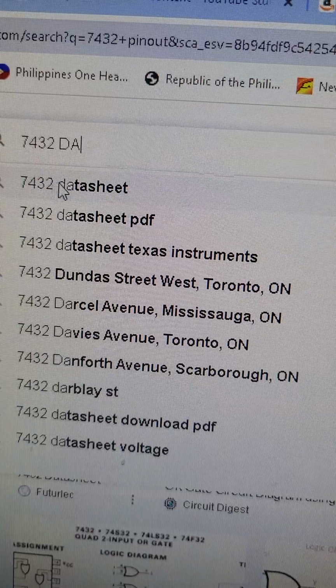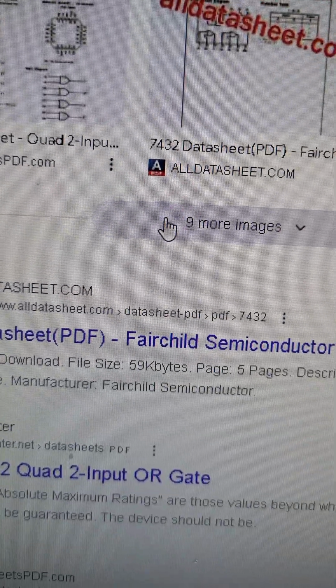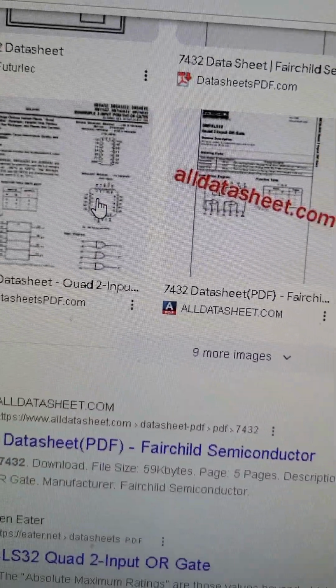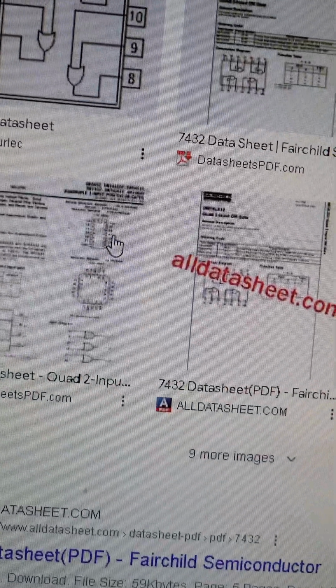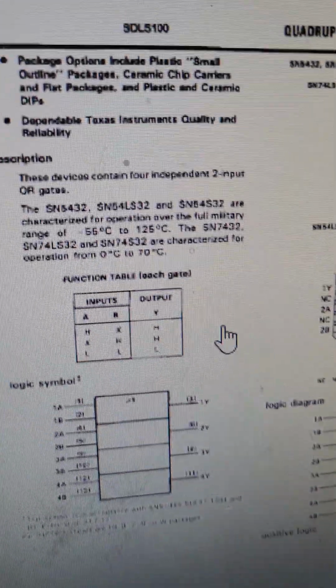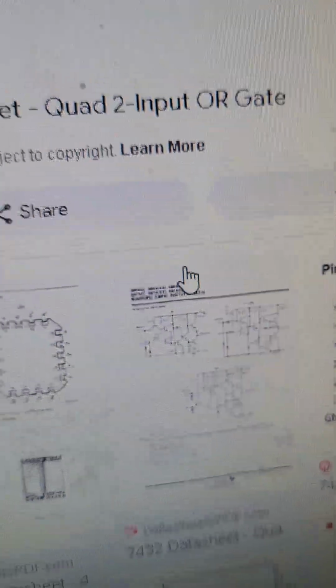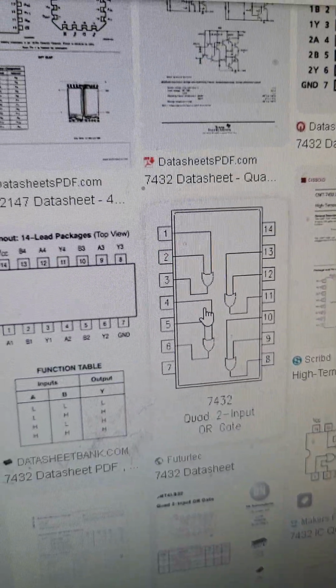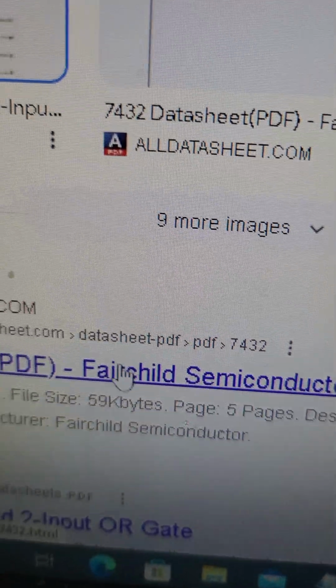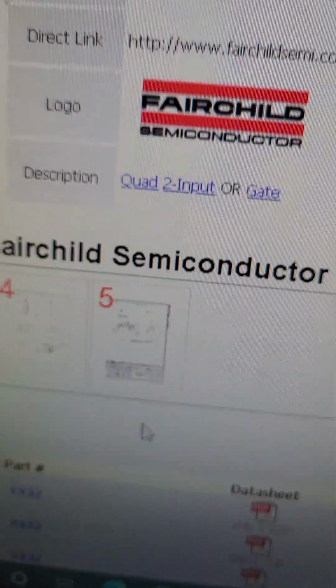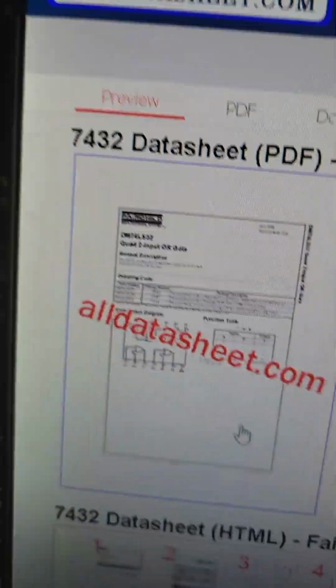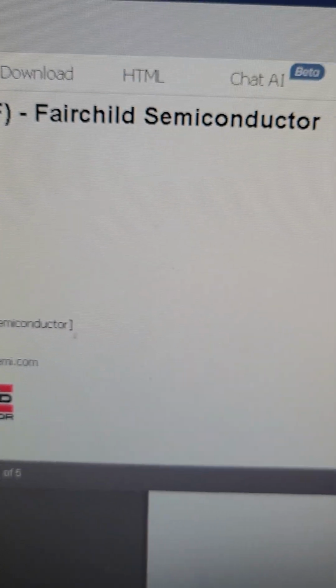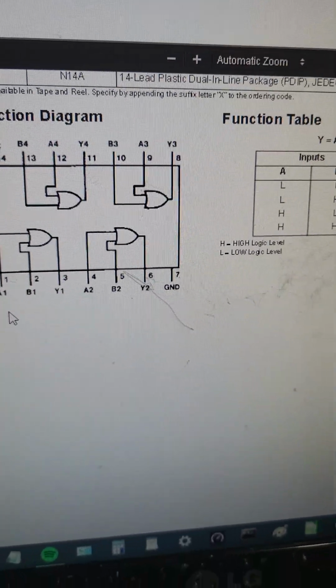Okay, we'll see this one. So what are the parameters you have to consider in using this IC? Yeah, this one. This is the correct data sheet.